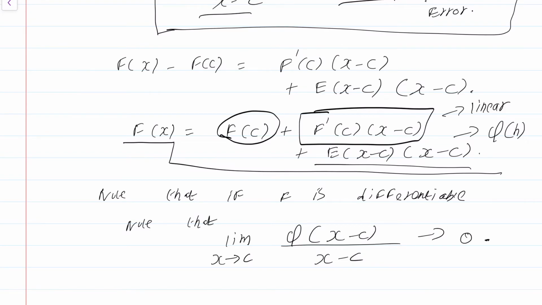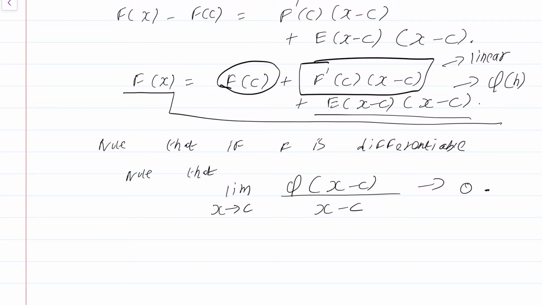Well, why is that the case? Let's just substitute: phi of x minus c is just e of x minus c times x minus c, divided by x minus c. x minus c and x minus c will get cancelled, and obviously as x goes to c, this error must go to 0.